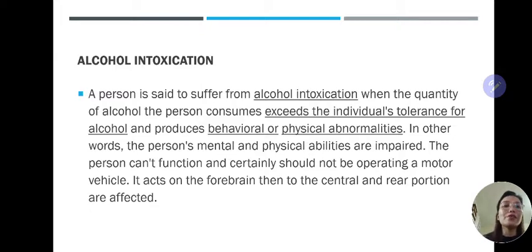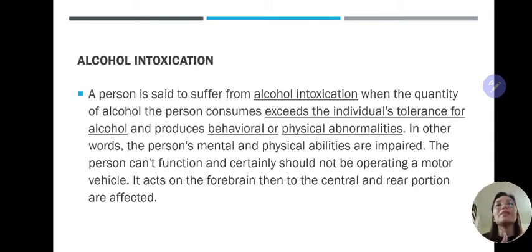For different individuals, since we have different rates of metabolism, we also have different tolerance levels for alcohol and other drugs or substances that we take inside our bodies. So, with intoxication from alcohol, when they intake alcohol and exceed their tolerance level, they develop behavioral and physical abnormalities.